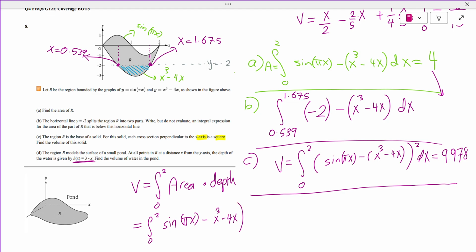This is the area. We'll multiply it by the depth given by the question, which is 3 minus x, dx. Again, use your calculator to evaluate. Well, this should be a bracket here. This gives you 8.369. That is part D. Good luck.